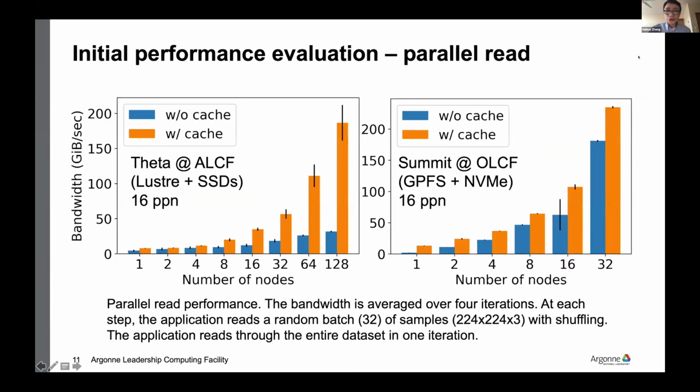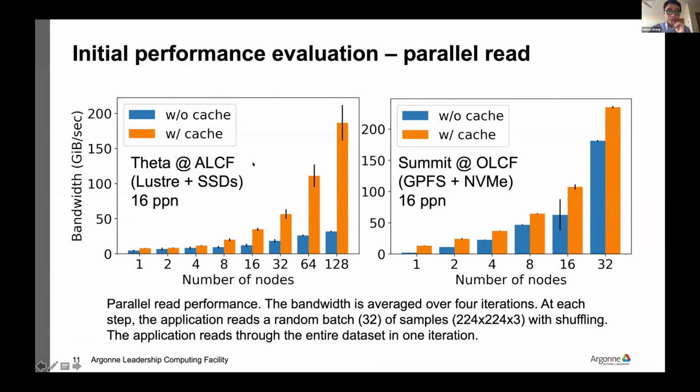Then this is for the parallel read benchmark. In this benchmark, we try to mimic the deep learning case where we read the data randomly from the file using data shuffling. Because our framework allows us to get data from remote storage, we support this data shuffling scenario.